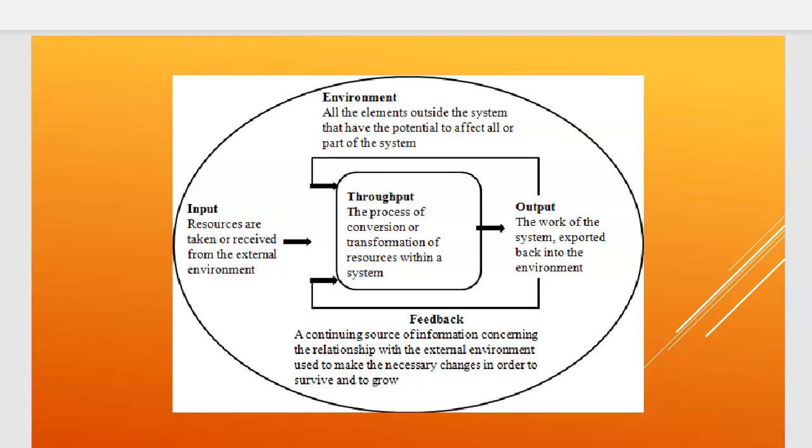So let's apply an example, and let's again use the idea of the family as a system. One important element of the environment may be the parent's occupation. So let's just choose one. Let's say mom works as a nurse. So her relationship with her work environment, whether it's a hospital or a clinic, is going to be an important aspect that has an impact on the social system, right?